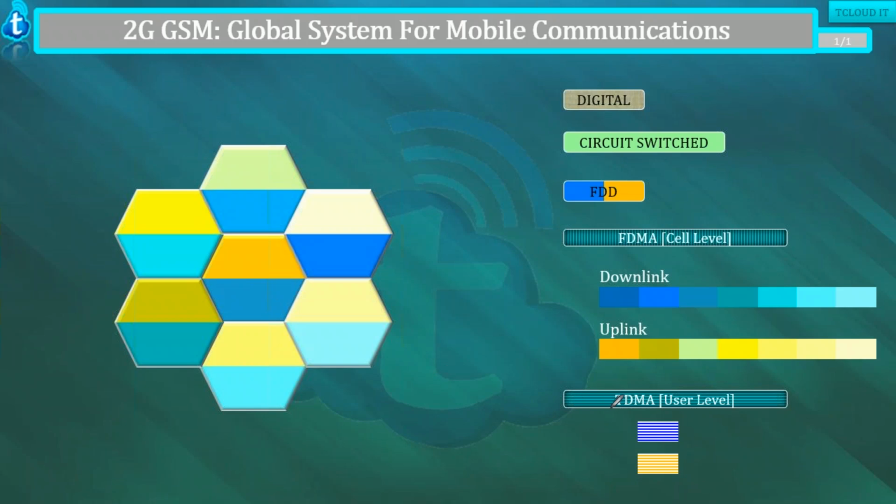But what do we allocate to the users? We allocate the entire frequency to a single user. Then you will get the immediate doubt: hey, if you allocate the entire 200 kilohertz to a single user, what about other users?